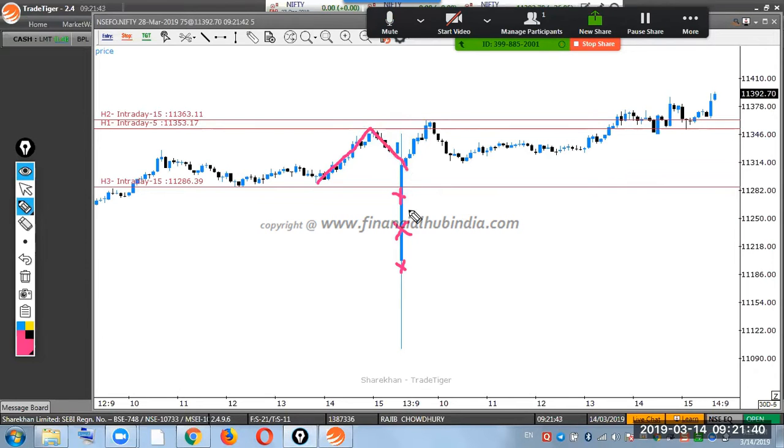Now, if you consider this one, then this high breaks, you see, and then this is one more high. This is the last high, and this is the next higher high, and then it goes up and breaks this high, and then it comes up, makes a new higher high, new higher low here.